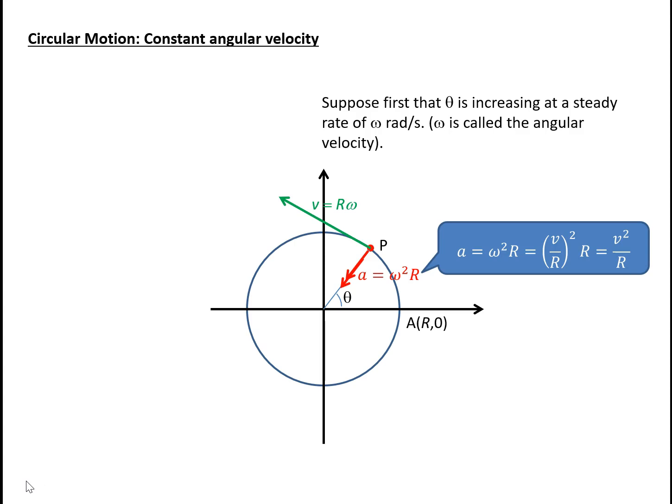In other words, the acceleration is the speed squared divided by the radius. So we've got two expressions for the acceleration. It's either angular velocity squared times the radius, or it's the speed squared divided by the radius.